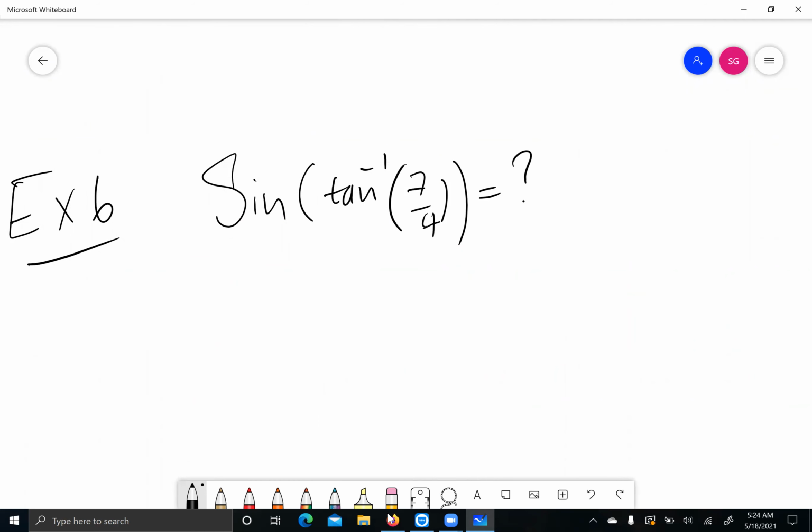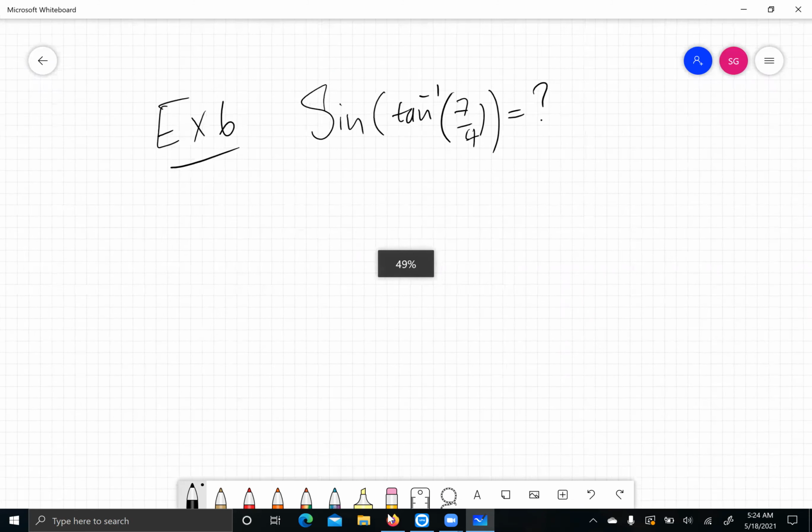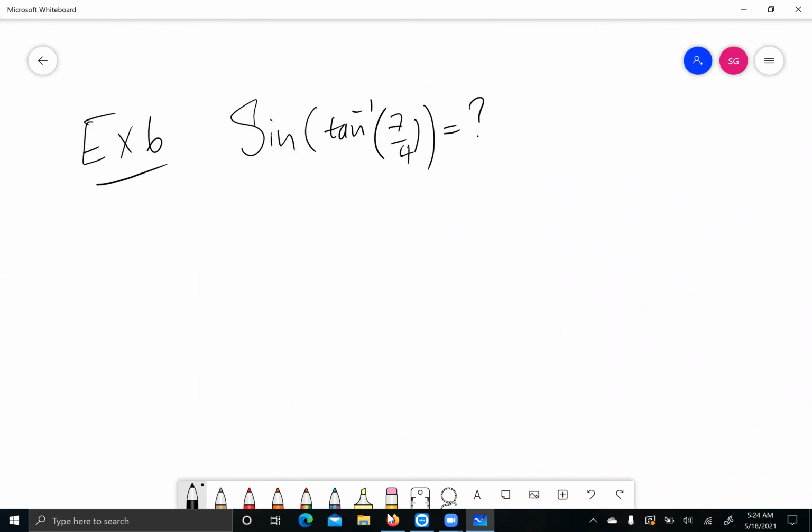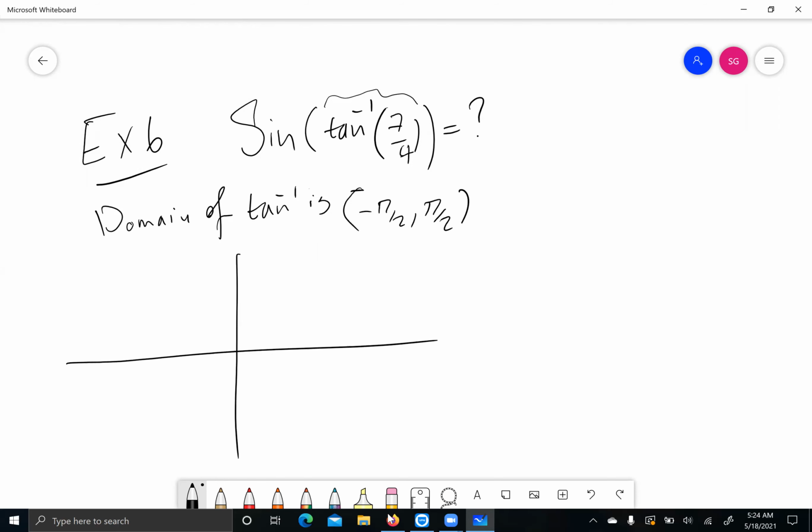So first of all, tangent inverse is defined over the domain, first look at this one. The range of tangent inverse is the open interval negative pi over 2 to pi over 2. So the angle is somewhere between negative pi over 2 and positive pi over 2.